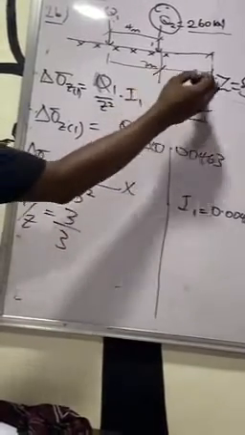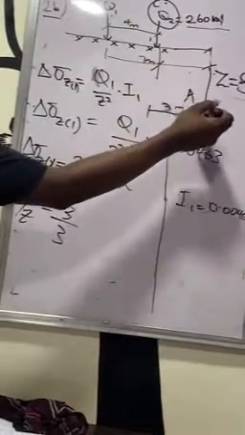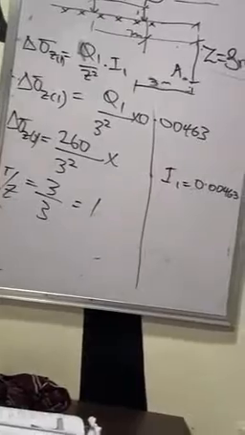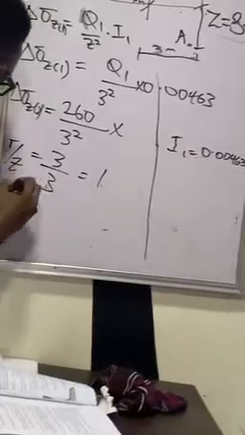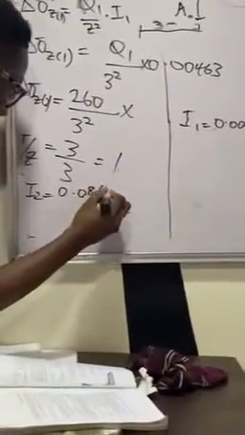Again, R is the perpendicular distance from the force to the point you are calculating vertical stress for. So you get 1, and from the tables, this one you don't need to do any calculation since you already have 1 on the table. This is why tables are faster. You get I2 to be equal to 0.0844. Hope everyone is with me.